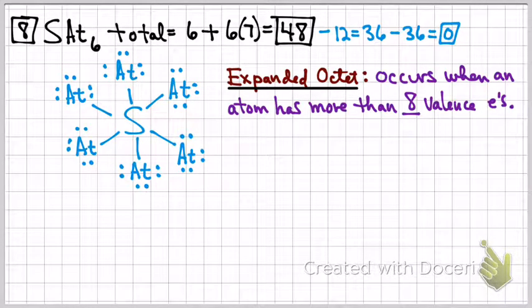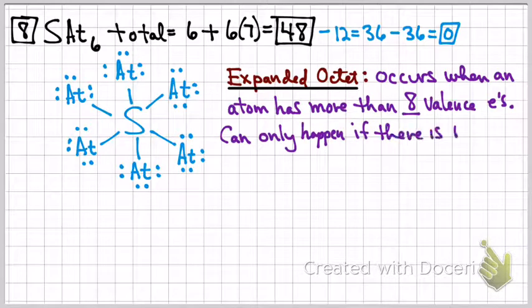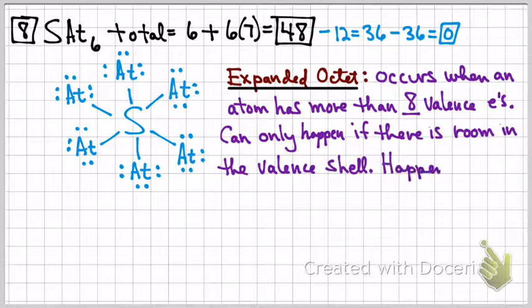And as we progress further out and get a bigger and bigger diameter shell, they can accommodate more and more electrons. So the only time you're going to see an expanded octet is if the element that's in this situation occupies a period. Remember, the periods correspond to the valence shells.